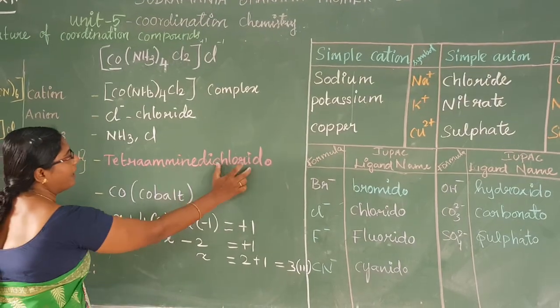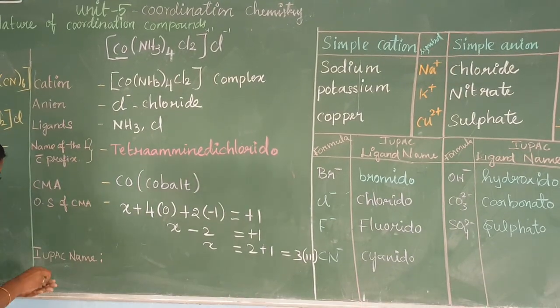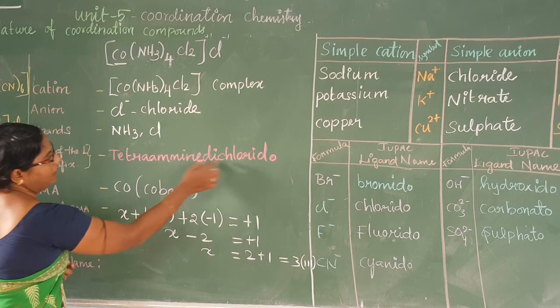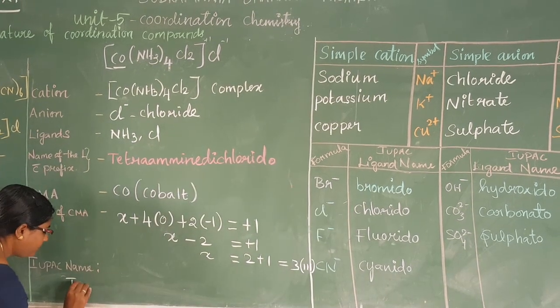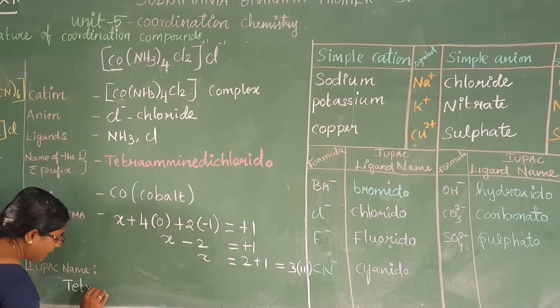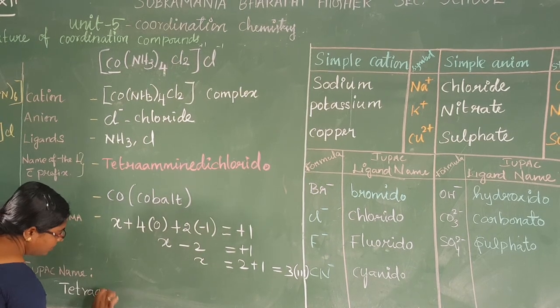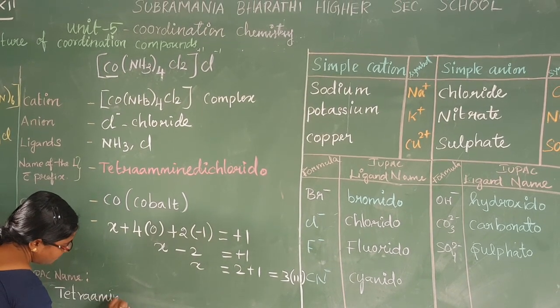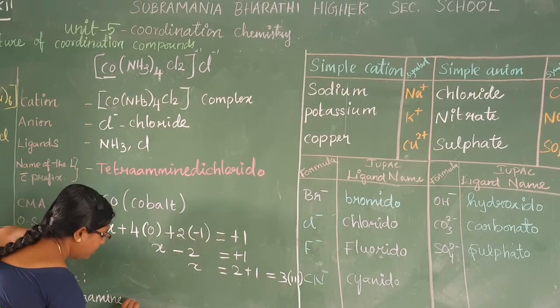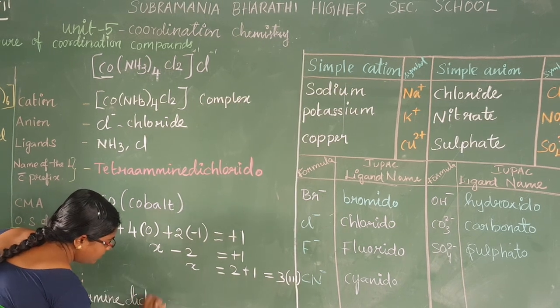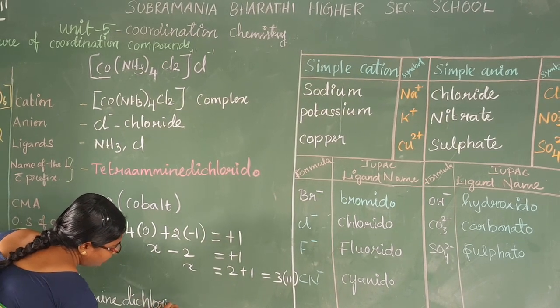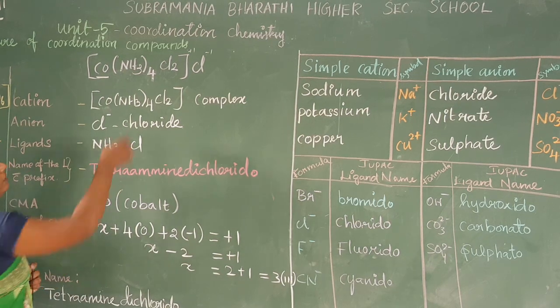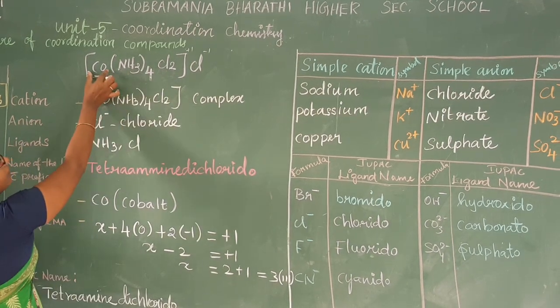I am going to write this here as it is. Tetraamine dichlorido. The first letter should be a capital letter.